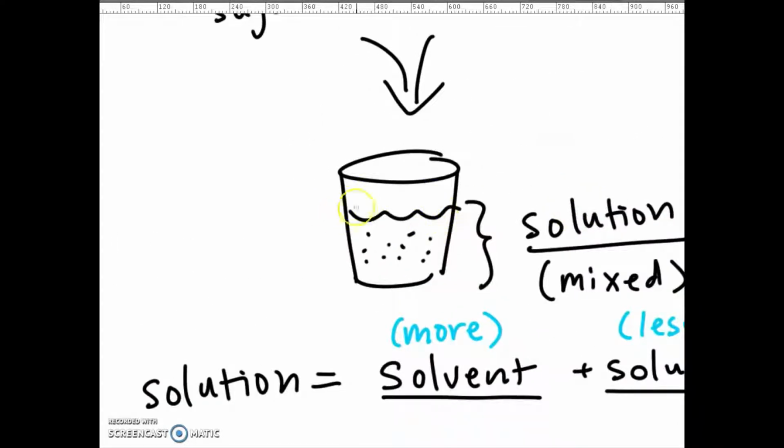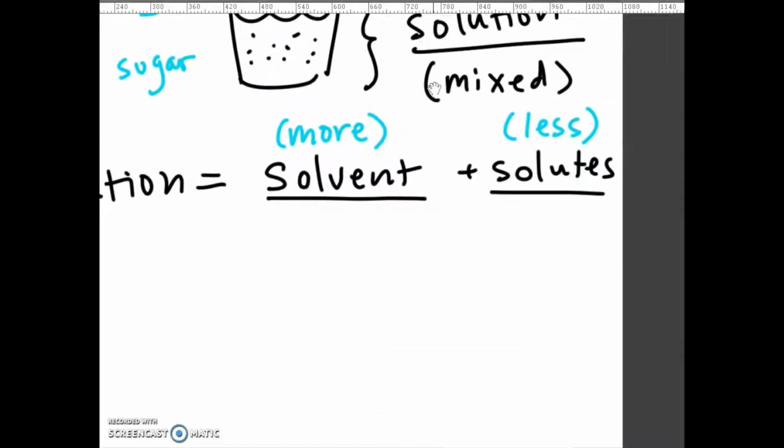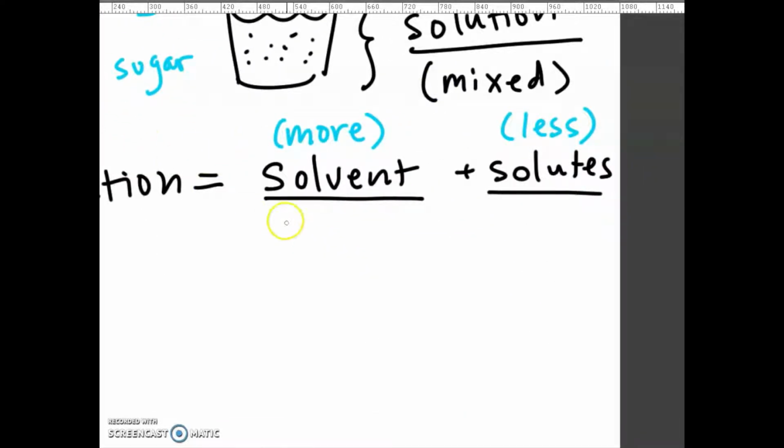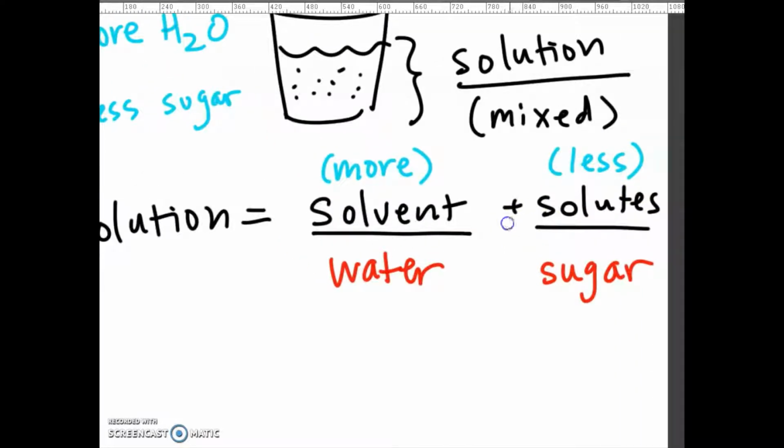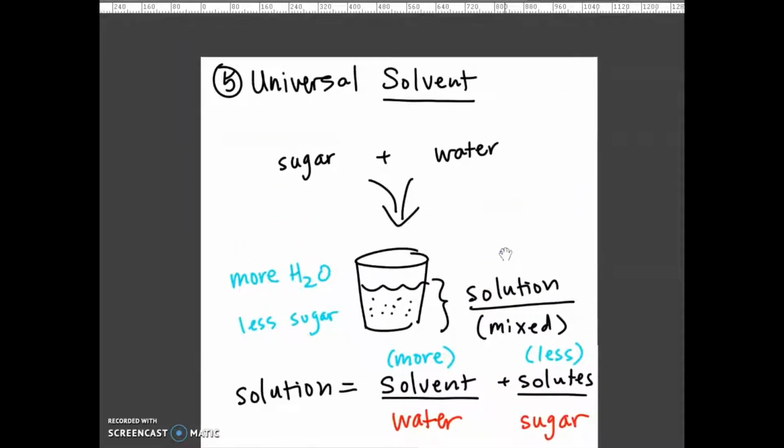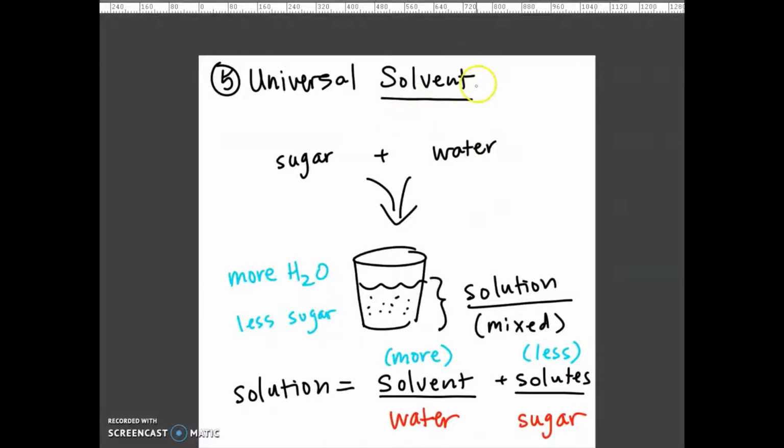So if you look at this example here, I have more water, more H2O, and less sugar. So that means in our example, our solvent is going to be the water and our solute is going to be the sugar.